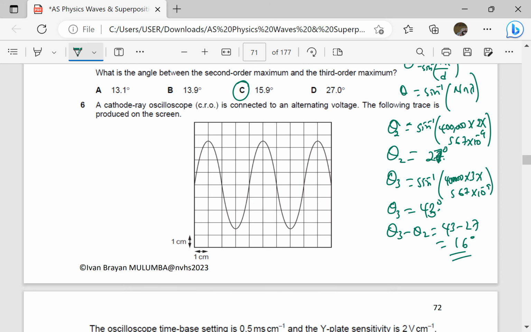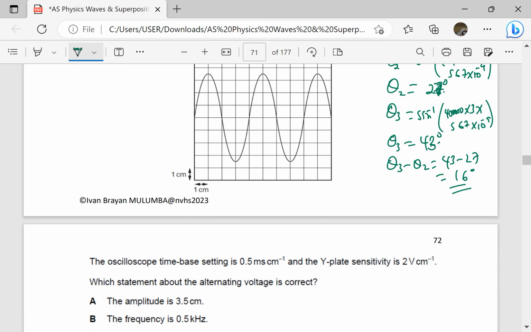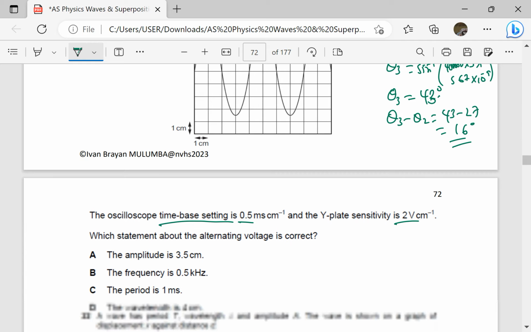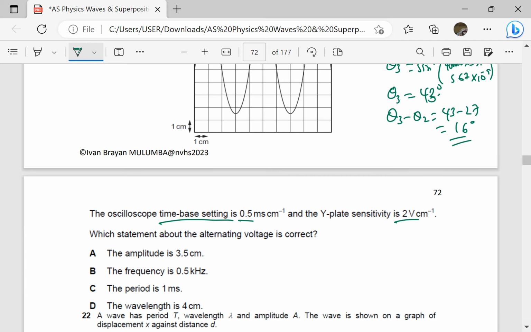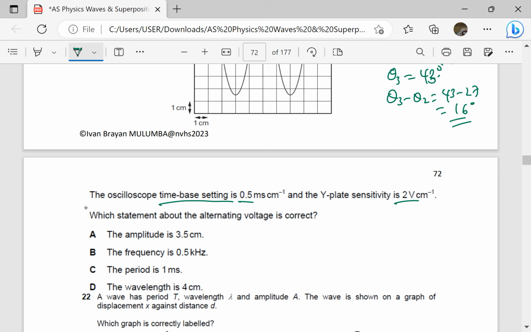A cathode ray oscilloscope is connected to an alternating voltage. The following trace is produced on the screen. The oscilloscope time-base setting is 0.5. The Y plate sensitivity is 2 volts per centimeter. Which statement about the alternating voltage is correct? The amplitude is 3.5 centimeters.